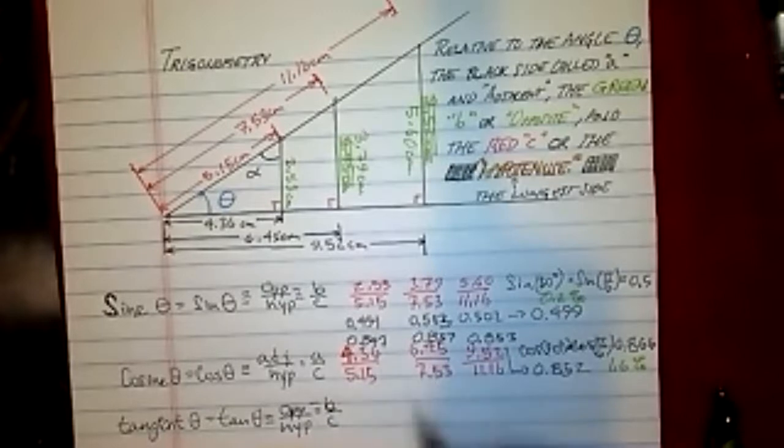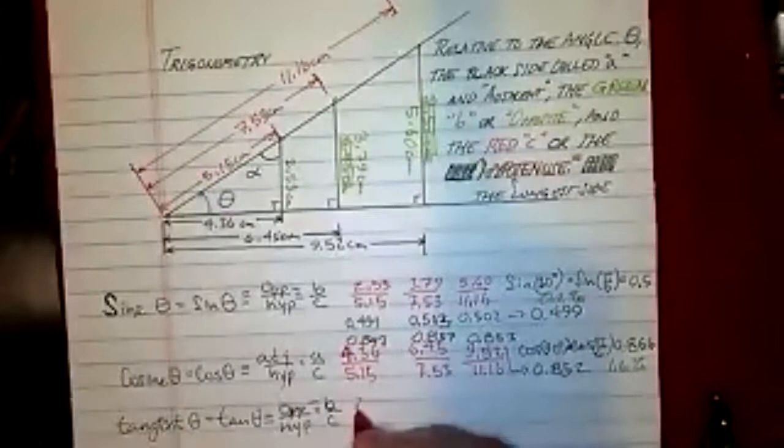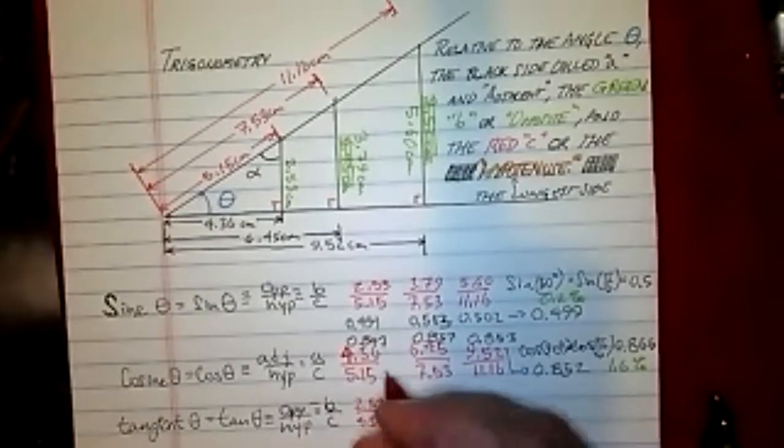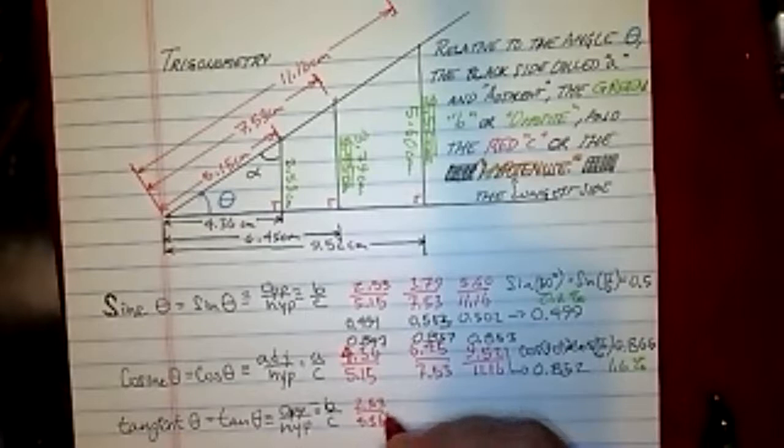When I did that, I actually got the following numbers: 2.53 over 4.36. You might ask, where are these units going? Well, when you divide a centimeter by a centimeter, you lose the units. You end up getting a dimensionless quantity, and a tangent's supposed to spit out a dimensionless quantity.